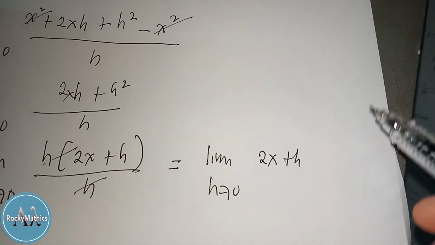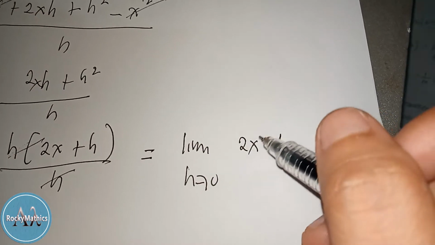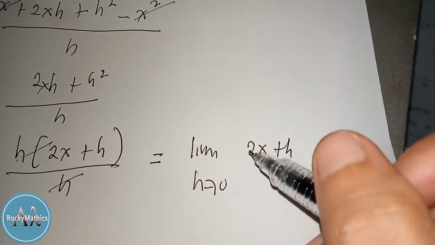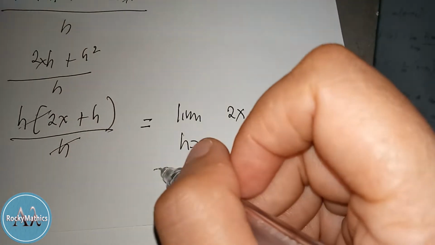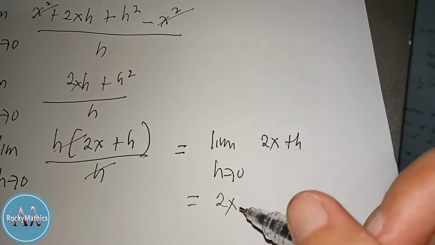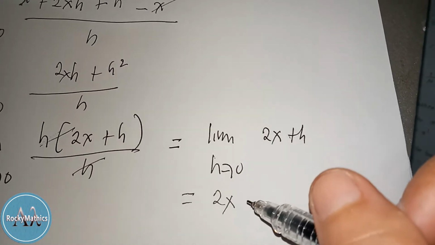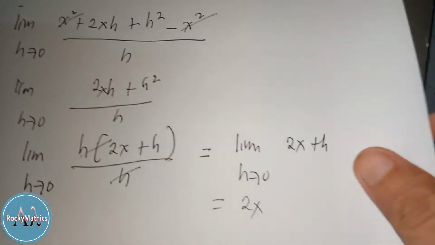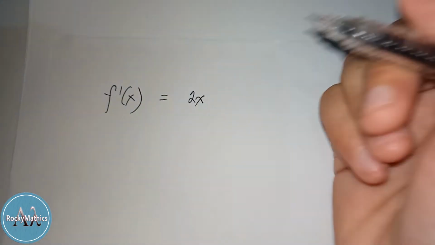What is the limit of this as h approaches 0? The h will be 0. The answer is 2x. So in other words, the derivative of the given function y equals x squared is 2x. So we just write here f prime of x is equal to 2x.